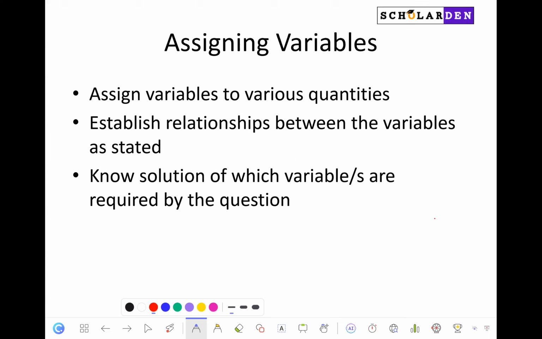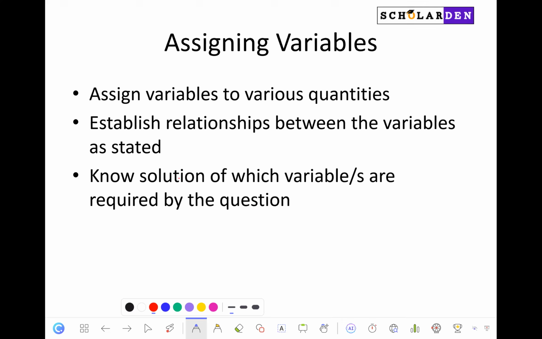So if we have a bunch of different quantities and we don't know them, what we then do is assign variables. So that's in fact the first step, that we have to identify which quantities are involved and assign variables to them. Secondly, once the variables have been assigned, next we want to establish the relationships between different variables as stated per the keywords that we have already seen.